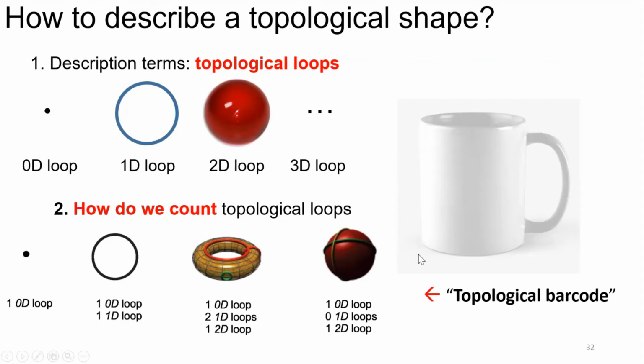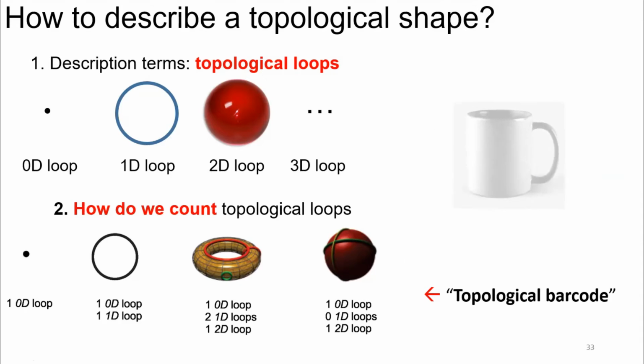To illustrate this, on this cup, I can draw two loops I cannot contract. And if you compare it to this list, it is the same list of loops as in this case. So by listing the non-contractible loops in the cup, I can identify that this cup actually has the shape of a torus. So this is the kind of language that I'm going to use.